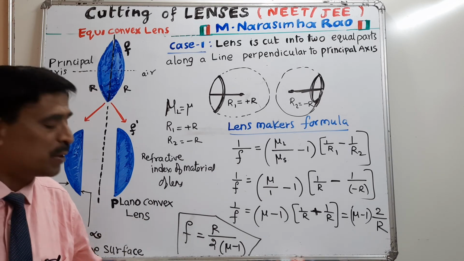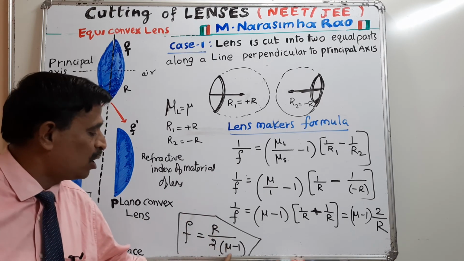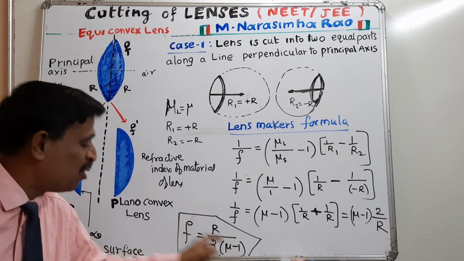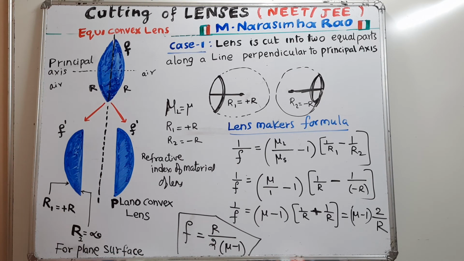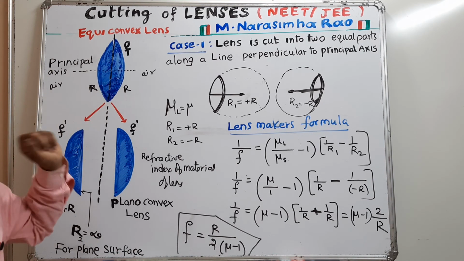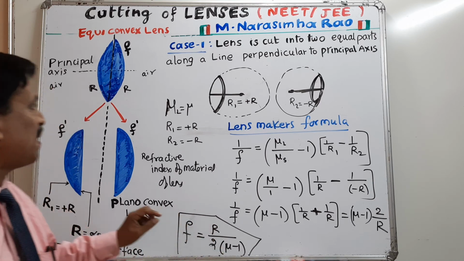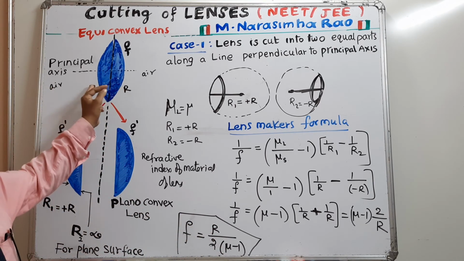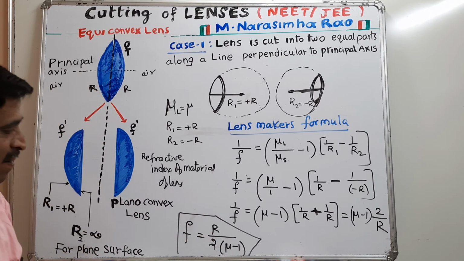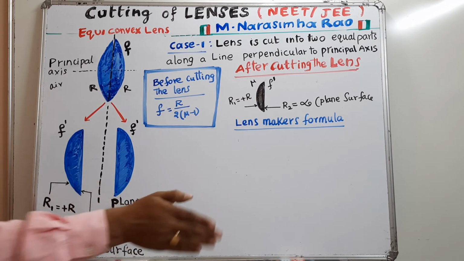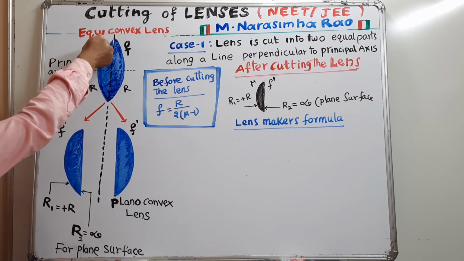F is equal to R by 2 into mu minus 1, where mu represents the refractive index of the material of the convex lens, and R represents the radius of curvature of the lens. I am cutting the lens in the vertical direction.